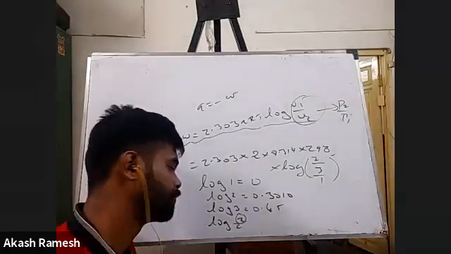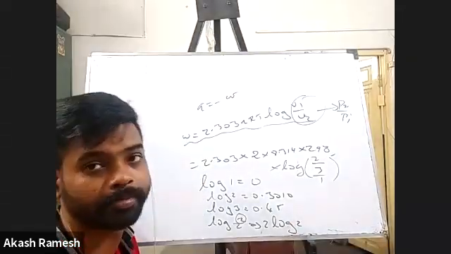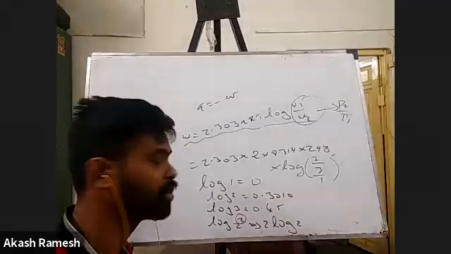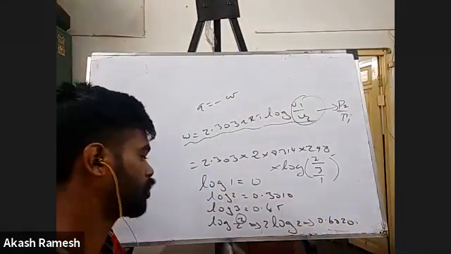Yes, sir. Right, now if you have powers, where will it go? 2 log. Correct. So this can be written as 2 into log 2. I know the log 2 value, 0.3010. So log 4 value is 0.6020. This is log 4.